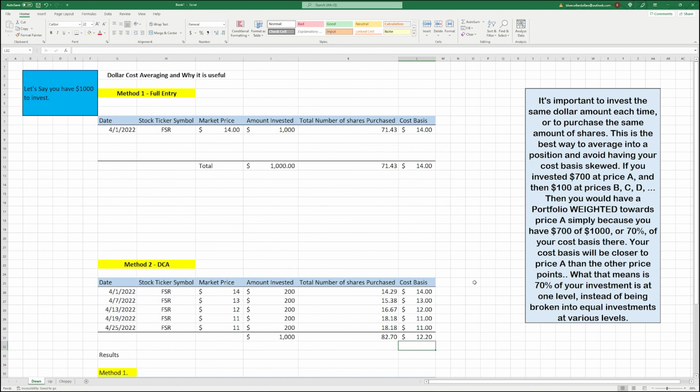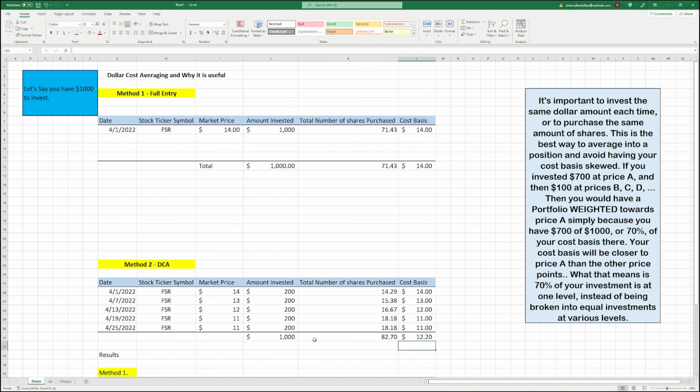What that simply means is if you had $10 and you bought $9 worth of something and then a dollar's worth later, most of your money is going to be allocated to wherever the price was when you put in $9, because that's 90% of your funds. It's all weighted towards whatever the price point was that you invested.